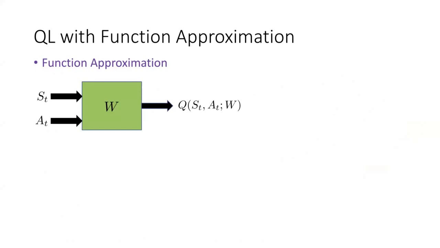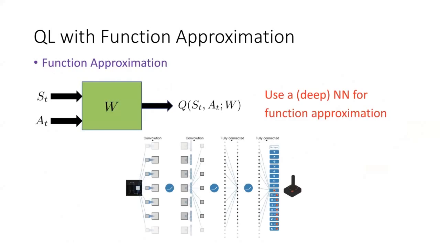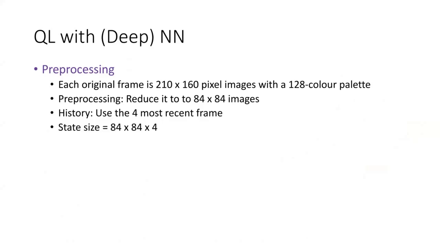They use function approximation. Of course, they use a neural network, a multi-layer neural network. They started with a few convolutional layers so that they can take the image and convert it into an appropriate representation. They used a fully connected network, and then they output the Q value.